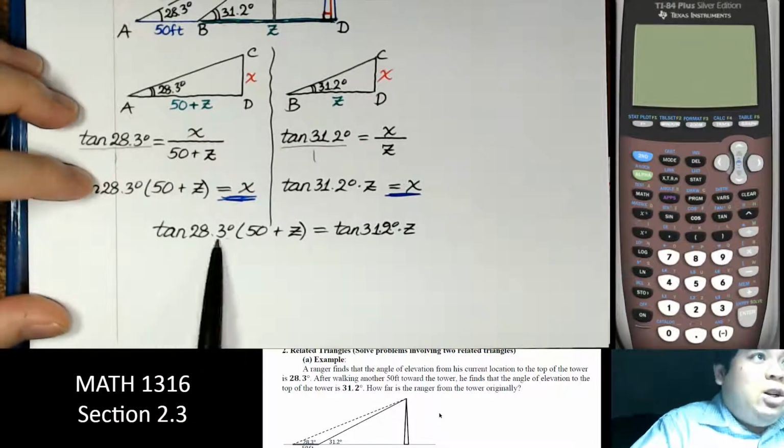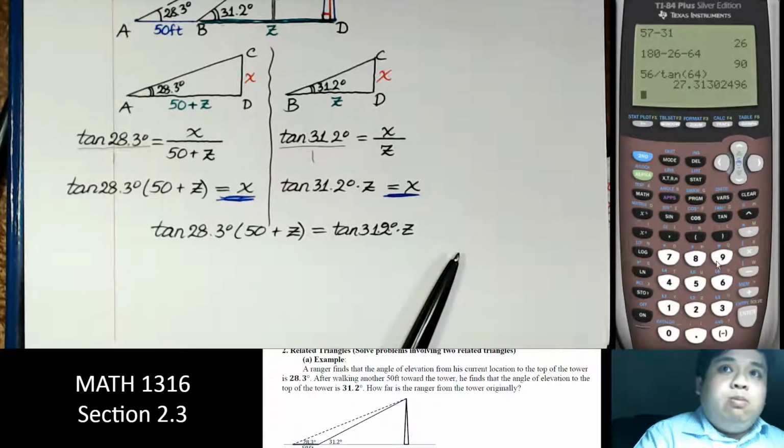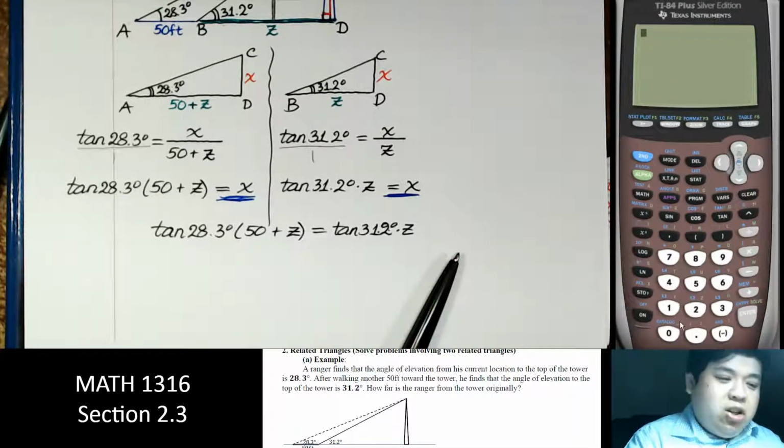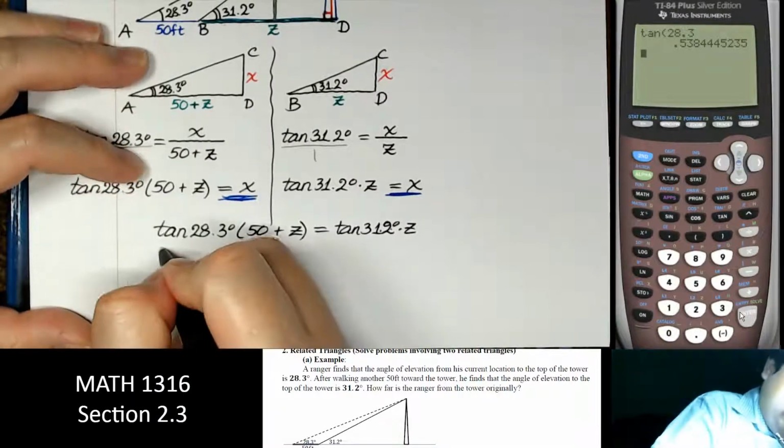Alright, now tangent of 28.3 and tangent of 31.2, those are just decimal numbers. So let's get the approximation here. So what is tangent of 28.3? 0.538. Let's use 3 decimal places.